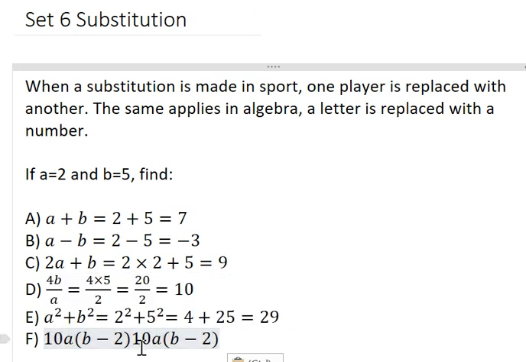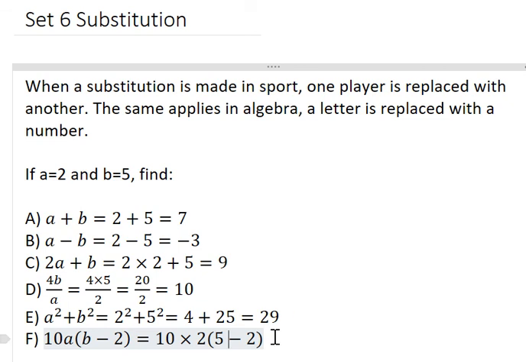So we've got 10 lots of A. Now 10 lots of A, I'm going to get rid of that A, and I'm going to change it to 2, because it's not 10 times A anymore, it's 10 times 2, because A is equal to 2. And instead of my B, I'm going to replace that B with the number 5.